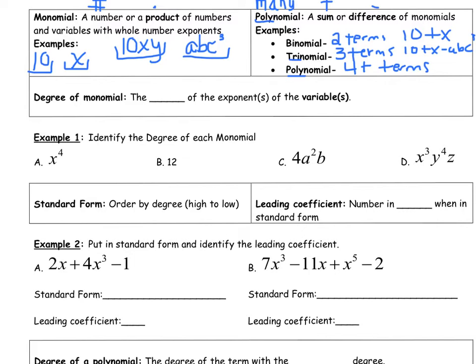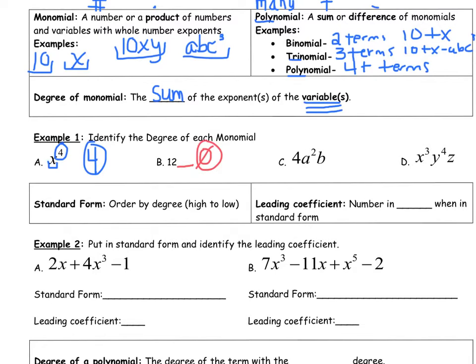The degree of a monomial is the sum of the exponents of the variables. So all we need to look at are the letters. For A, x is a letter, the only exponent there is 4, so the degree is 4. When I look at B, there are no letters, so the degree is 0.